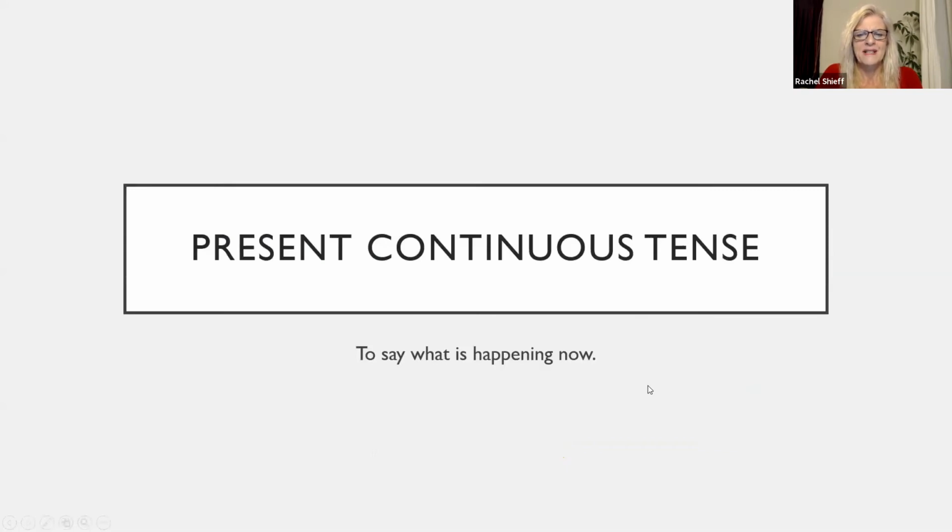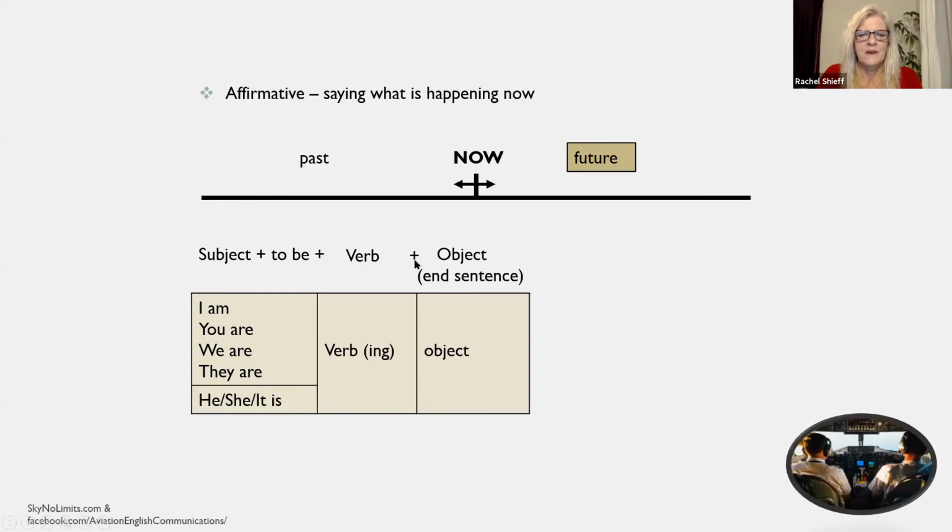Now let's look at present continuous tense to say what is happening now. So I've got an arrow across the timeline here, meaning that it's continuing. So we have the subject plus the verb to be plus ing plus the end of the sentence.